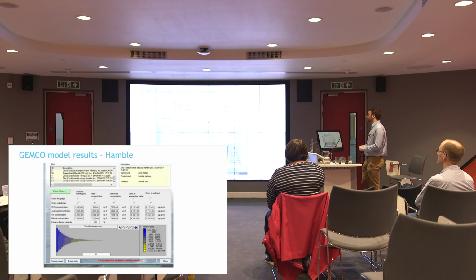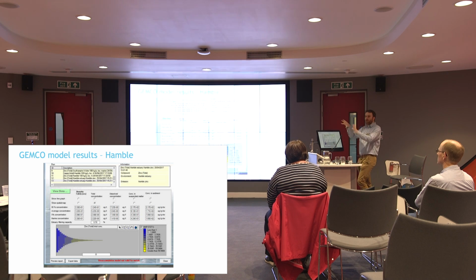And the model not only gives you the line graph you've just seen, it gives you a schematic plan of the estuary, and as you can see from that, it shows that the high level pollution is in the upper to middle of the estuary, which is what we're seeing in the estuary environment.